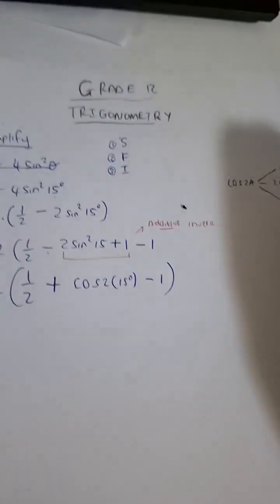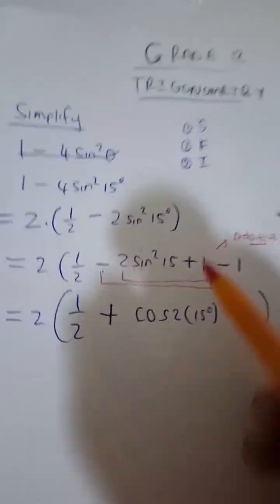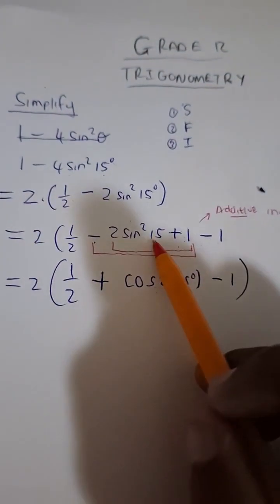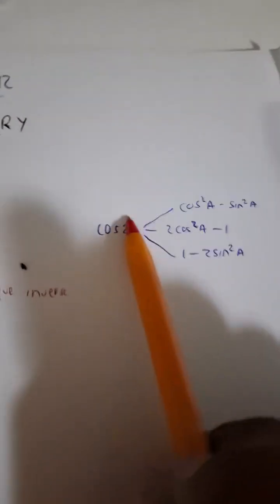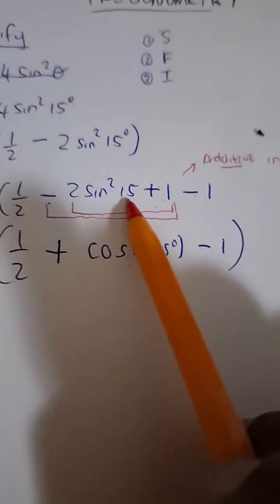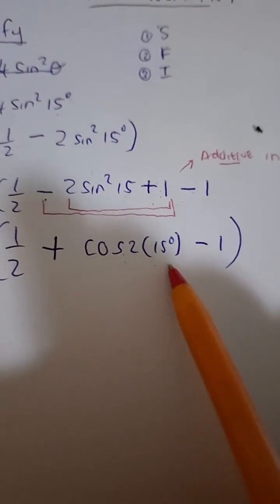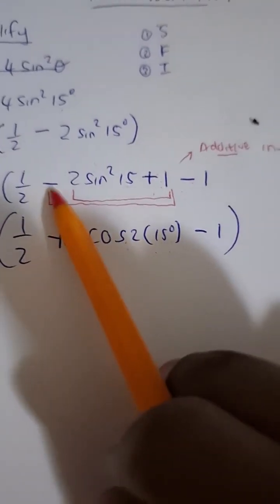Because remember, this whole thing is 1 minus 2 sine squared 15, and this can be replaced by what? A positive cos 2a. In other words, what's the a angle? It is 15 degrees. So it has to be positive.